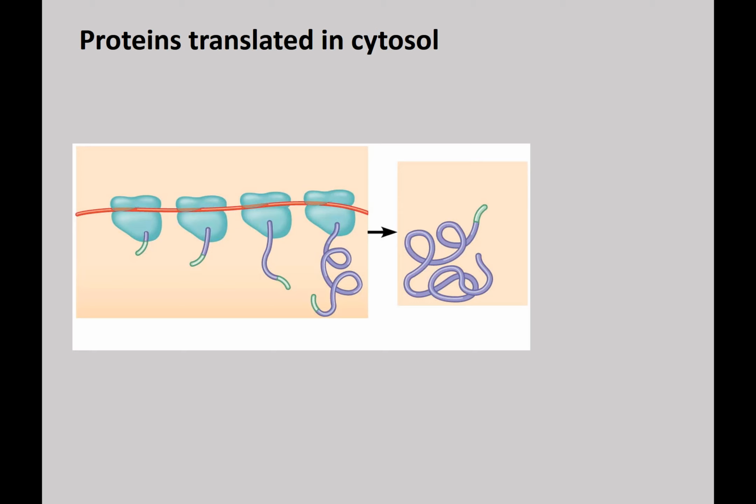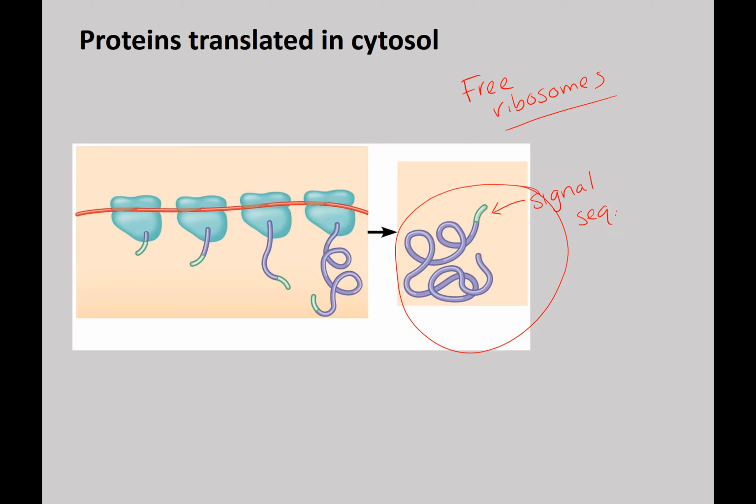All right, so proteins translated in the cytosol. This is where we talk about free ribosomes. Okay, so they're not on the ER, but they're doing translation. You've got your mRNA. And if this is a category 3 protein that's going to go to some other organelle, it's going to need a signal sequence.